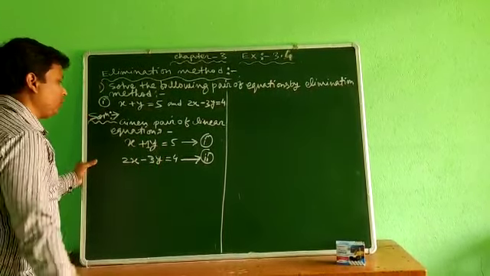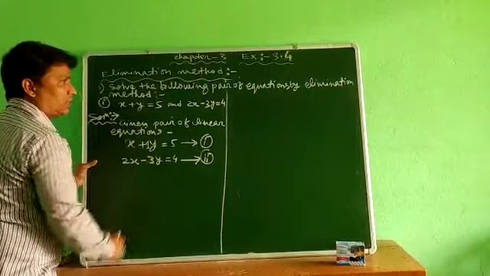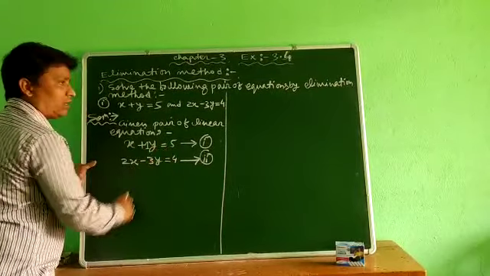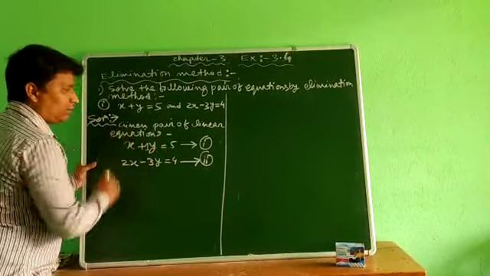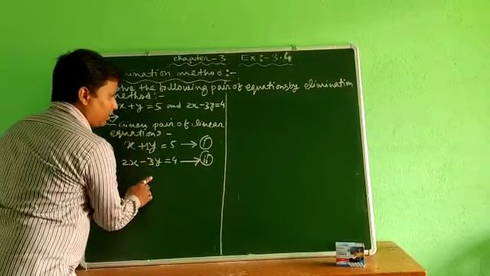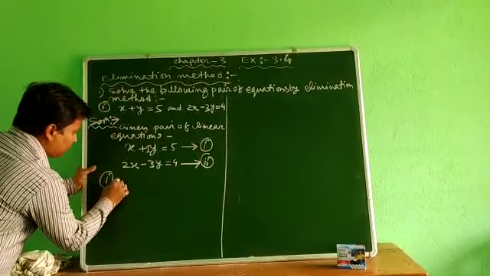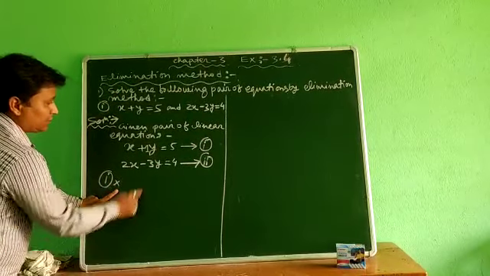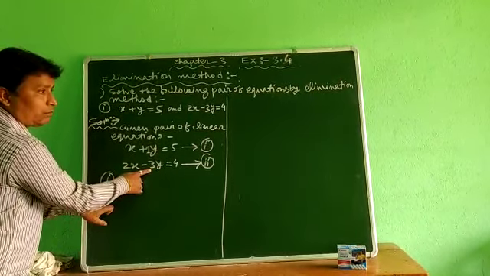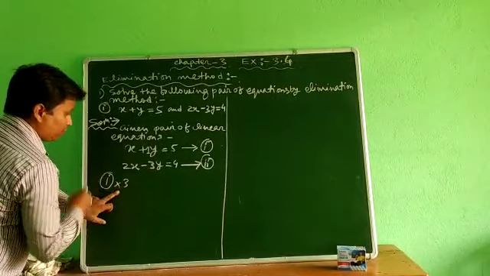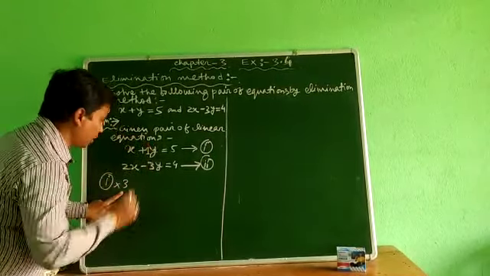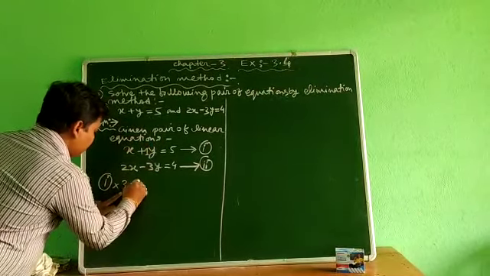So first of all we have to reduce these two equations to the same coefficient of y. Equation number 1, multiply with the coefficient of y of equation number 2, because we are going to eliminate the y term only.